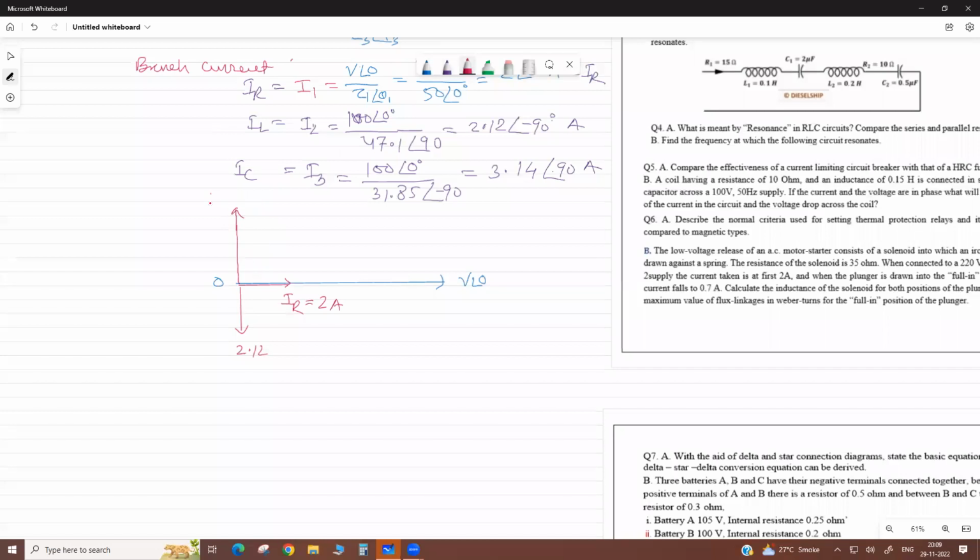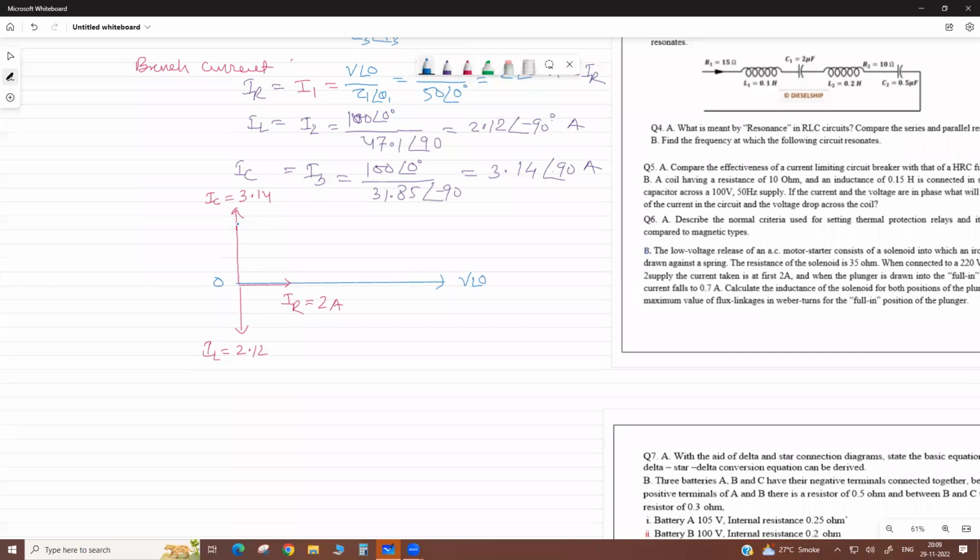This is IC, this is IL. This is your 3.14, so this is plus 90, positive. This is negative, it is lagging. See, this lags the voltage, this leads the voltage.